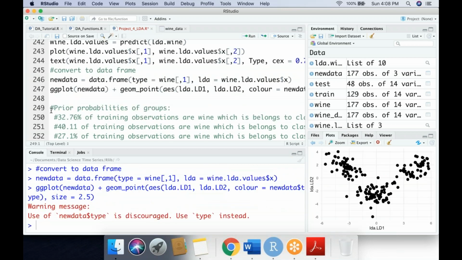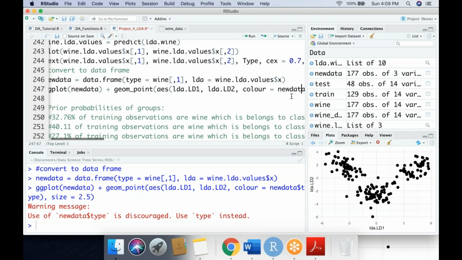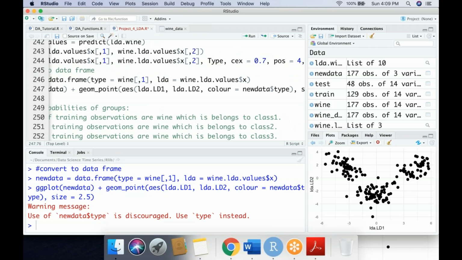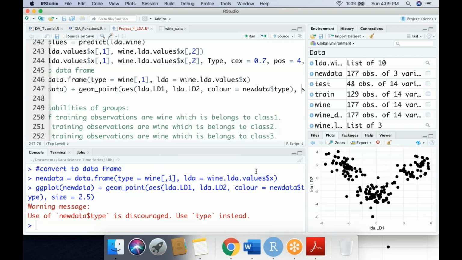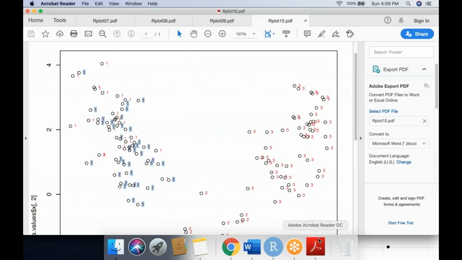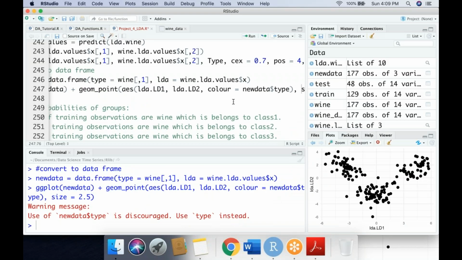And now if you try to create a plot from my new data, it is not taking type again.